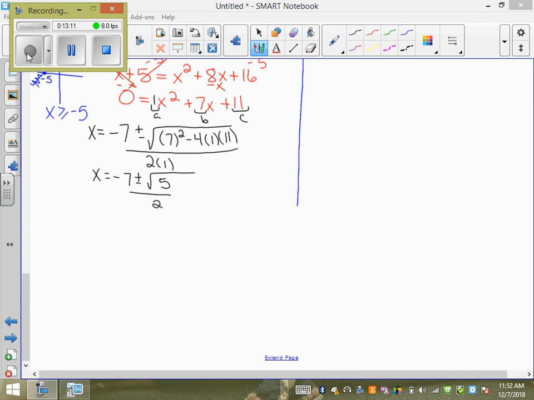So when we type in x equals -7 minus √5 over 2, what do you get? Approximately... and then this one, -7 plus √5 over 2, what do you get? -4 point, sorry. Which one works?